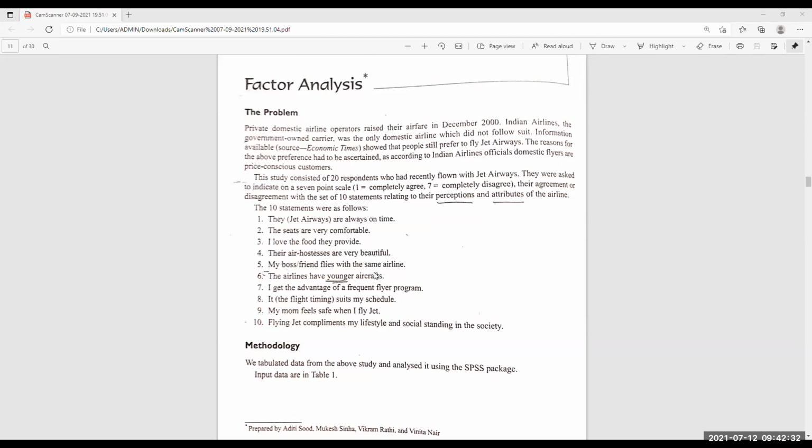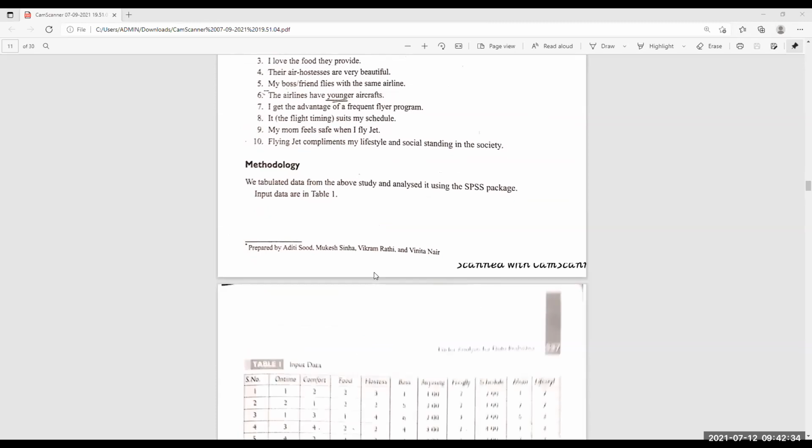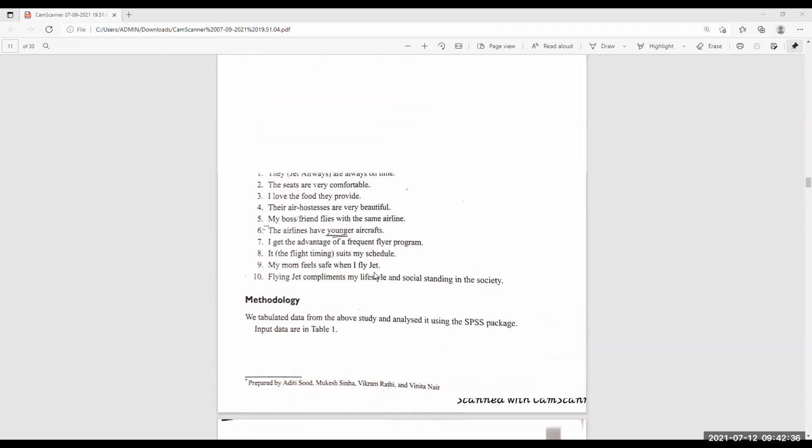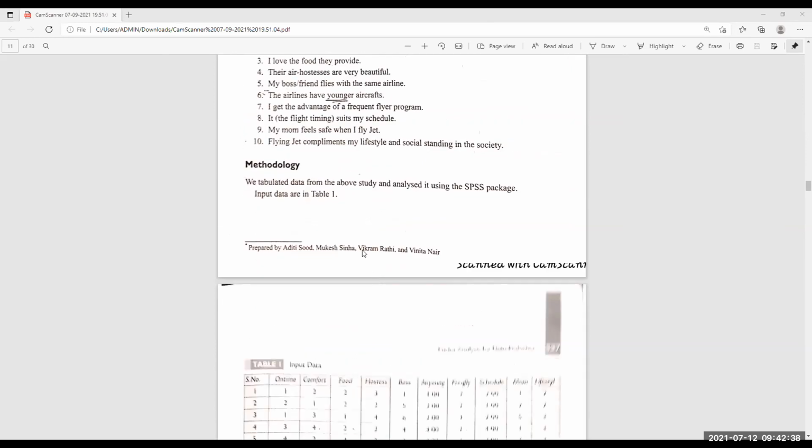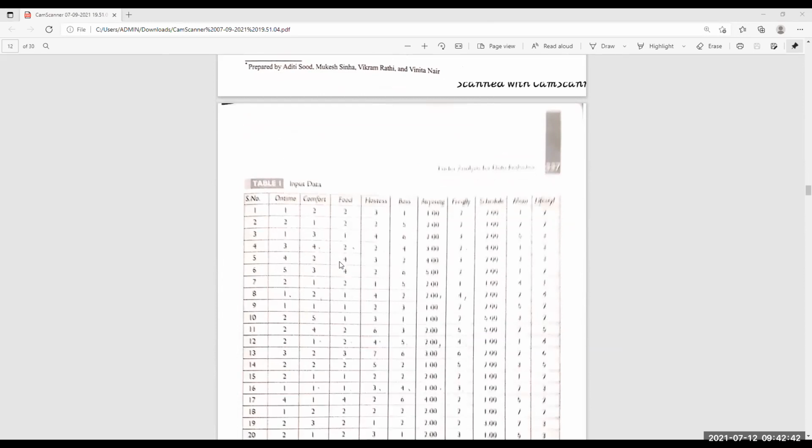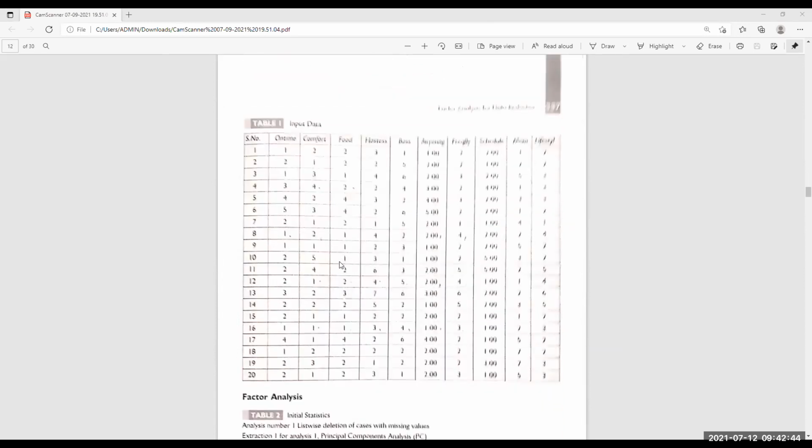Interval scale data was used. So why were we using this? Because it was important to check the perception and attributes of the airline. The data set is given as an example here. So how many people were sampled? In this case, 20 respondents were contacted.